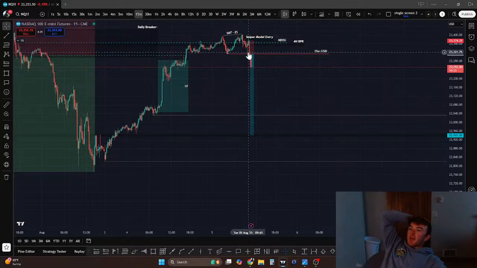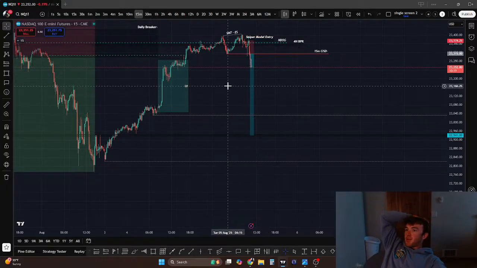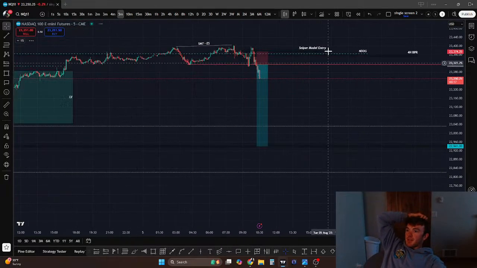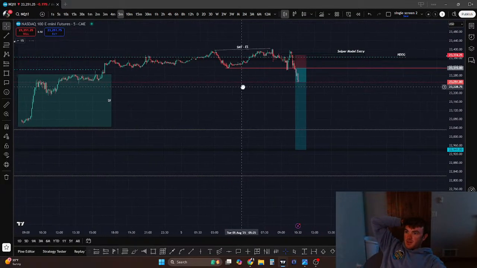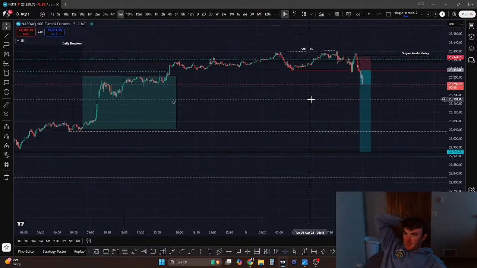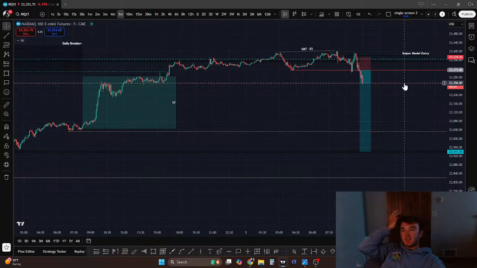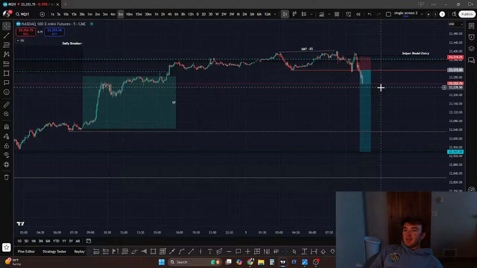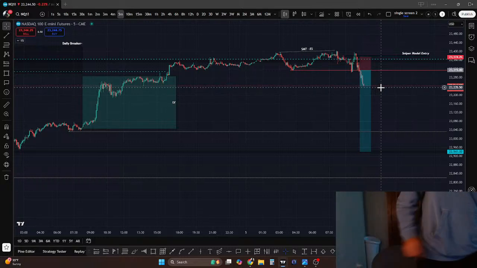And so I want to take partials, but I also want to allow myself to get the full move, because I know that's one of my strengths. Sometimes I can get these bigger moves. So I'd rather trail it, and that's what I did today, right? I trailed my stop loss. And yeah, I missed out a little bit, but if it had hit it, obviously that would have been really, really insane, right?